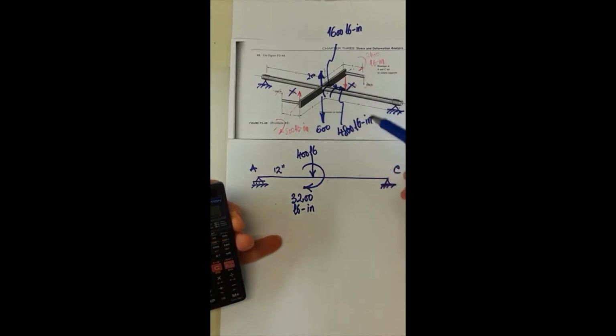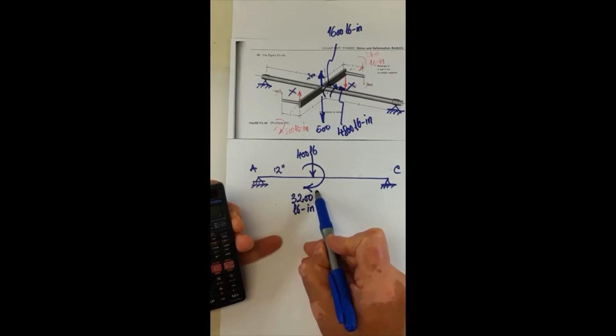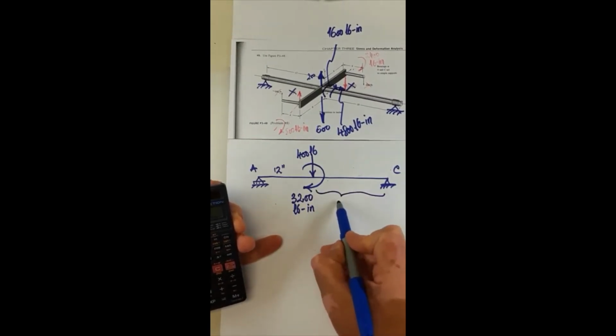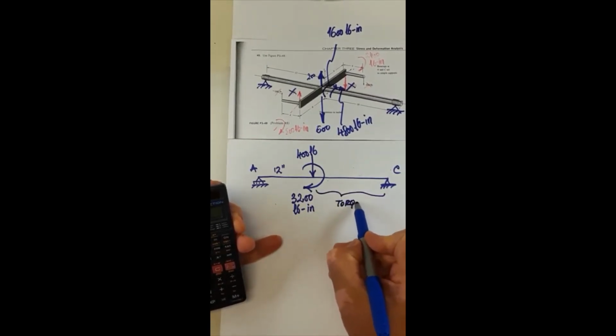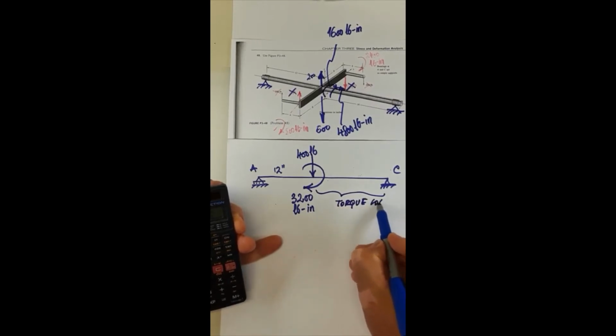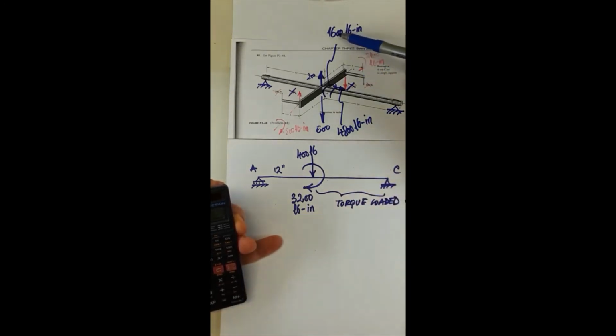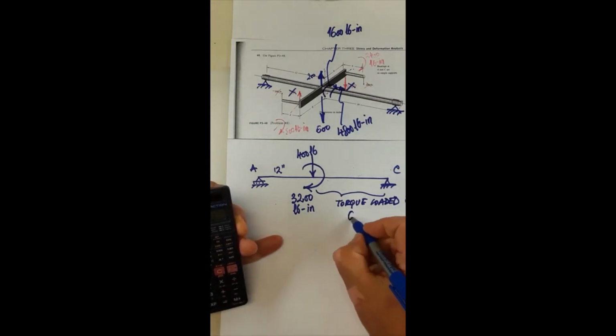And then I have a twisting of this portion of the shaft, loaded by what torque? It would be the 1600 and 4800 together. So 16 plus 48 is equal to 6,400 pound-inch.